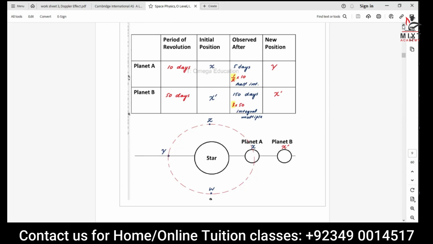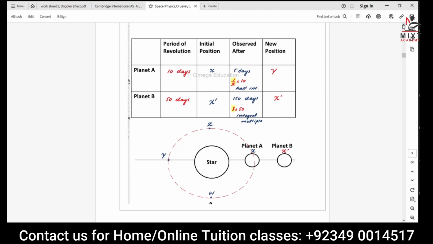Welcome. Let's say there is a star and there are two planets. Please keep in mind the time taken for one complete revolution for each and every planet is different, right? So some planets take fewer days, some planets take more days.